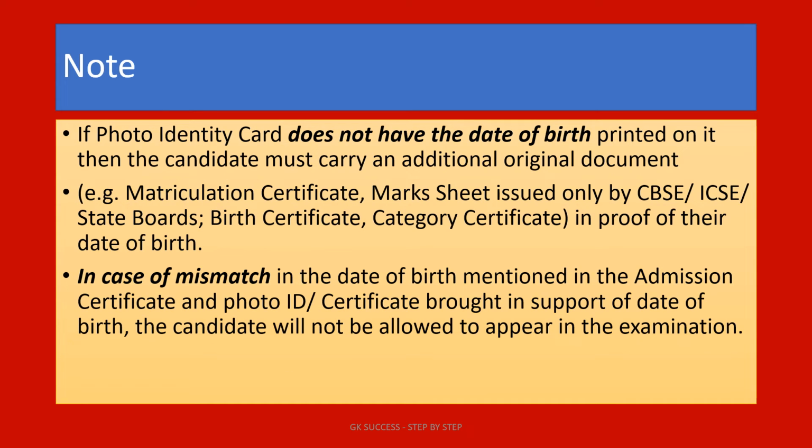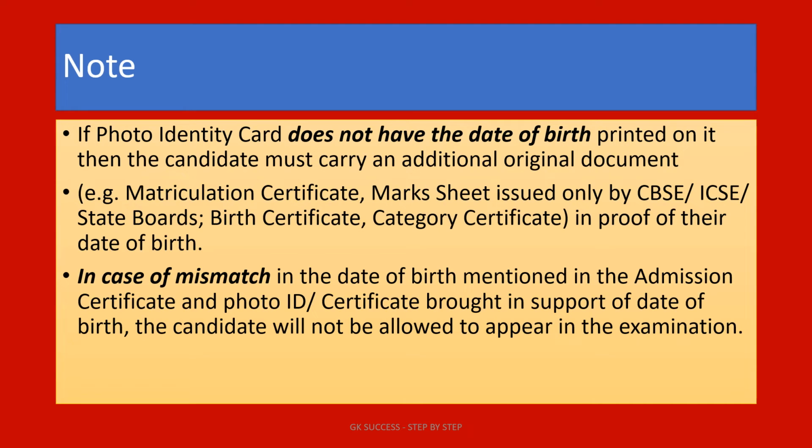Another important note, if photo identity card does not have the date of birth printed on it, then the candidate must carry an additional original document. Example for such documents: matriculation certificate, mark sheet issued only by CBSE, ICSE, state boards, birth certificate, category certificate in proof of their date of birth.